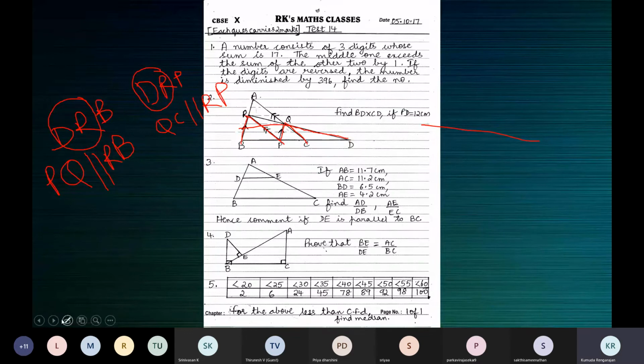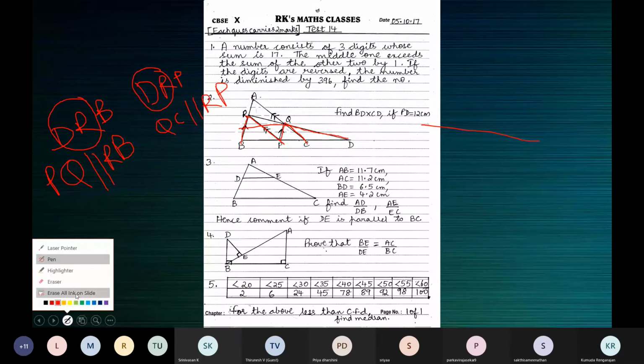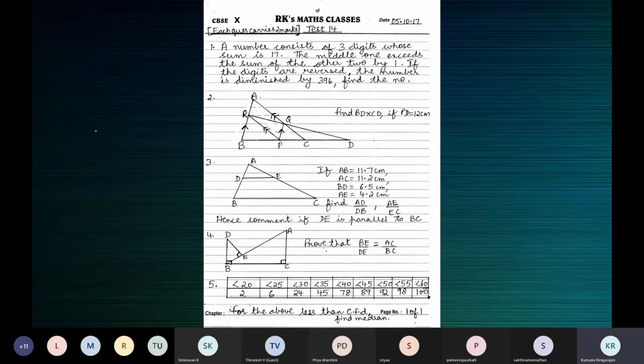I have to clear it now. Sorry. I'll just show you one triangle. It may not be very neat, but I'm sure you can understand.